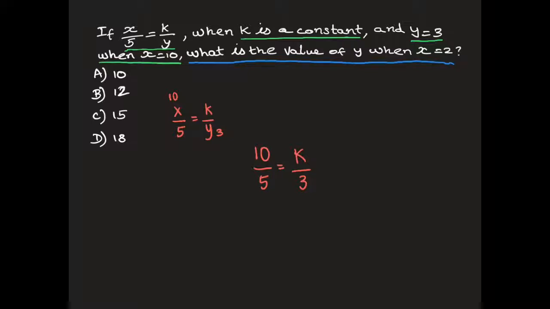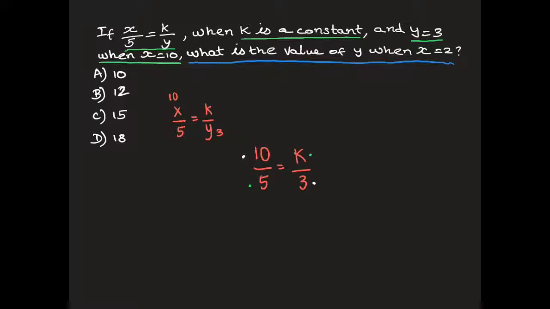Now that we have our proportion, the easiest way to find k is through something called cross multiplication. Cross multiplication is where you take the number on this side and multiply it with this number, and then you take the number on the other side, which is 5, and multiply it with the other number.